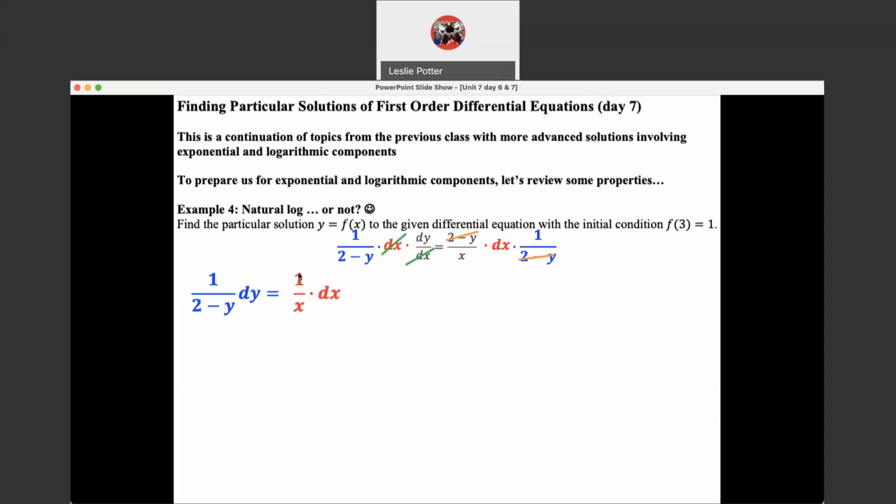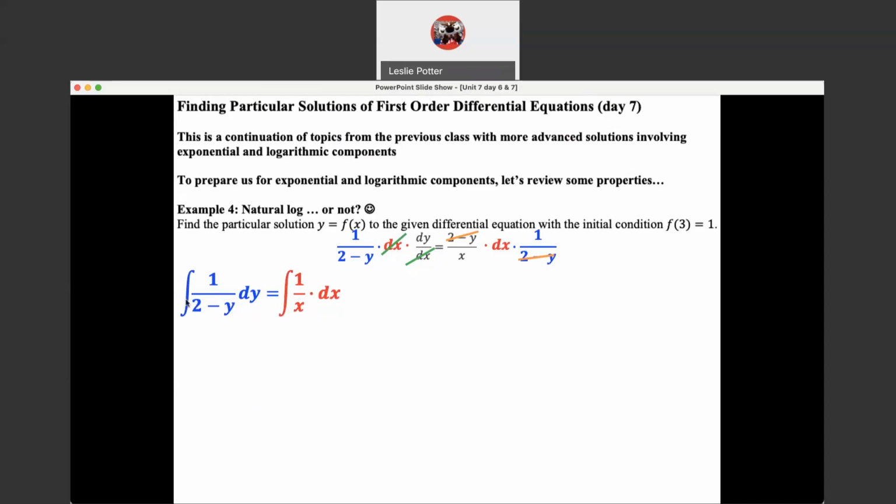So you know that whenever you have 1 over x, when we do antiderivatives, it's going to be natural log of the absolute value of x. Because this is just a plain old y, there's no power to a 2 or a 3 or whatever, we know this is going to be a natural log as well. So we have natural log, natural log. That's the scenario we have here.